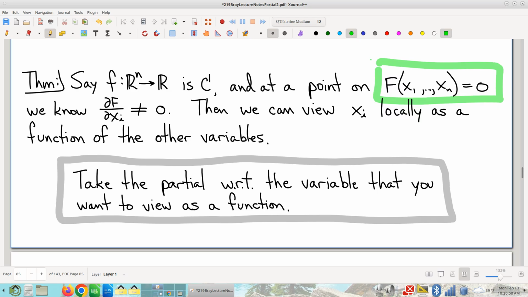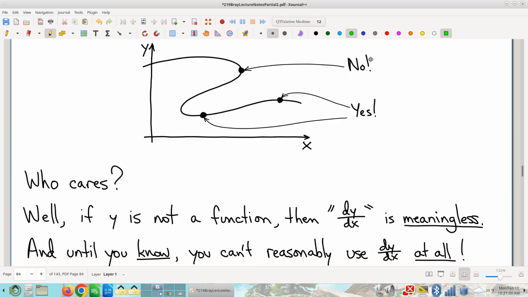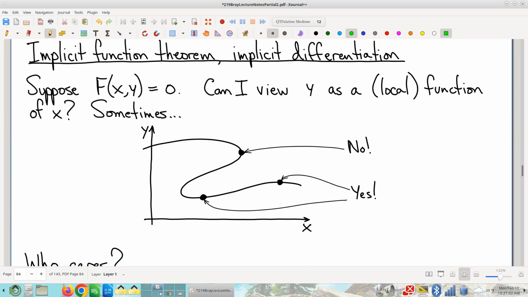And we saw some examples starting off here that, for example, at a point like this, no matter how narrowly and myopically you restrict your attention to even so much as a teeny little part of that curve, you cannot claim in any reasonable sense that y is a function of x near that point.